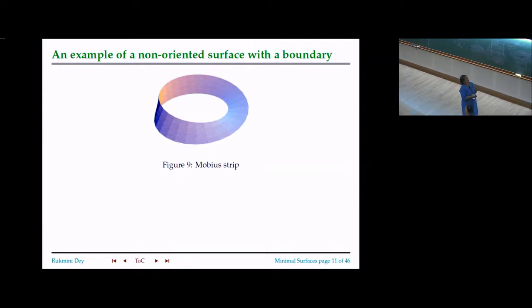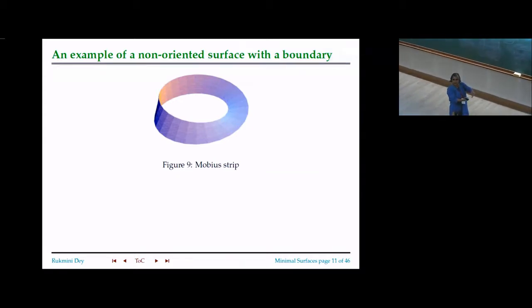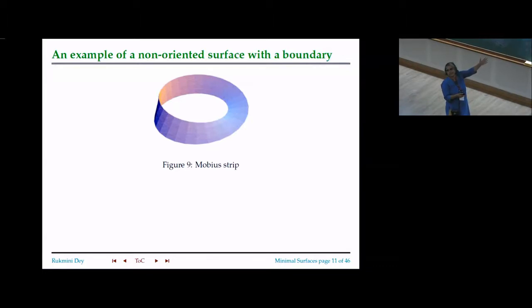Of course, you can construct it with paper, but I told you another way: you make a wire of the shape of that circle, bend it, and put it into soap solution, and you will get a Mobius strip.